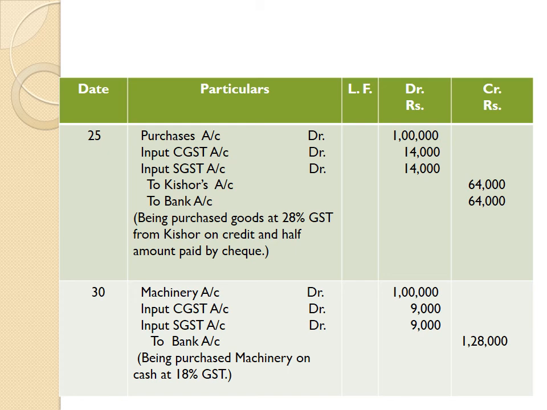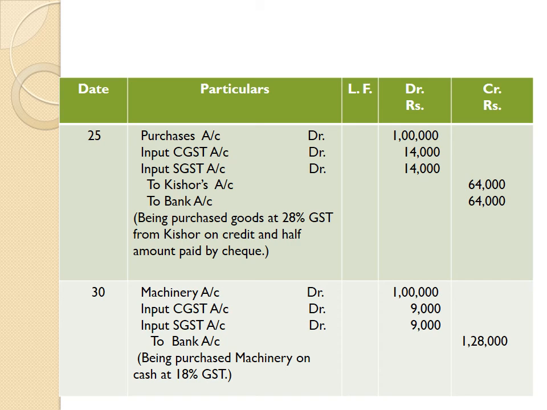Total GST is rupees 18,000, of which central government GST is half, that is 9,000. Input central GST account debit 9,000. Input state GST account debit 9,000.